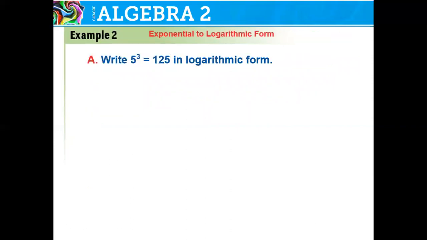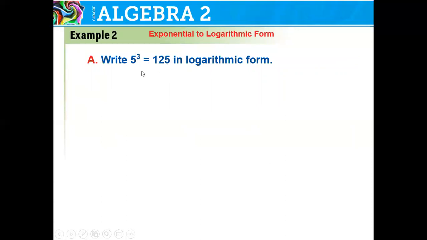Moving on to the second example. In the first example, we learned how to write the logarithmic form into an exponential form. In example 2, we will do the opposite. We will write the exponential form in the logarithmic form, and we will use the same technique. In this exponential form, 5 is my b, 3 is my y, and 125 is my x.